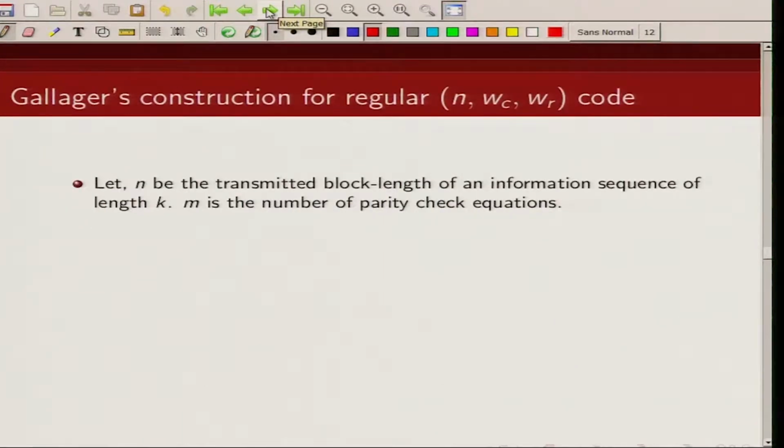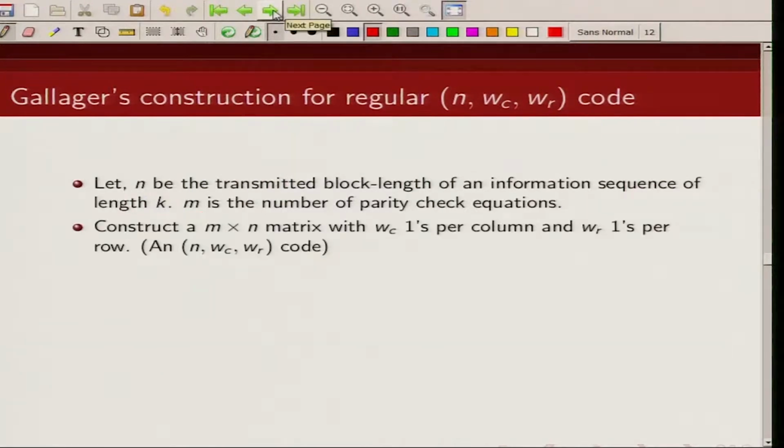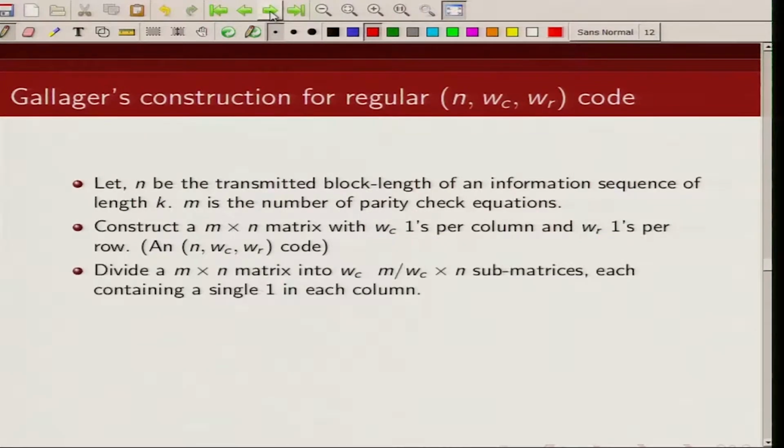Now that we have defined what a regular LDPC code is, let us talk about how we can construct these LDPC codes. We will first start with the random construction of LDPC codes given by Gallager. If n is the block length and m is the number of parity check equations, and you are asked to design a regular LDPC code with WC ones per column and WR ones per row, you can follow this procedure.